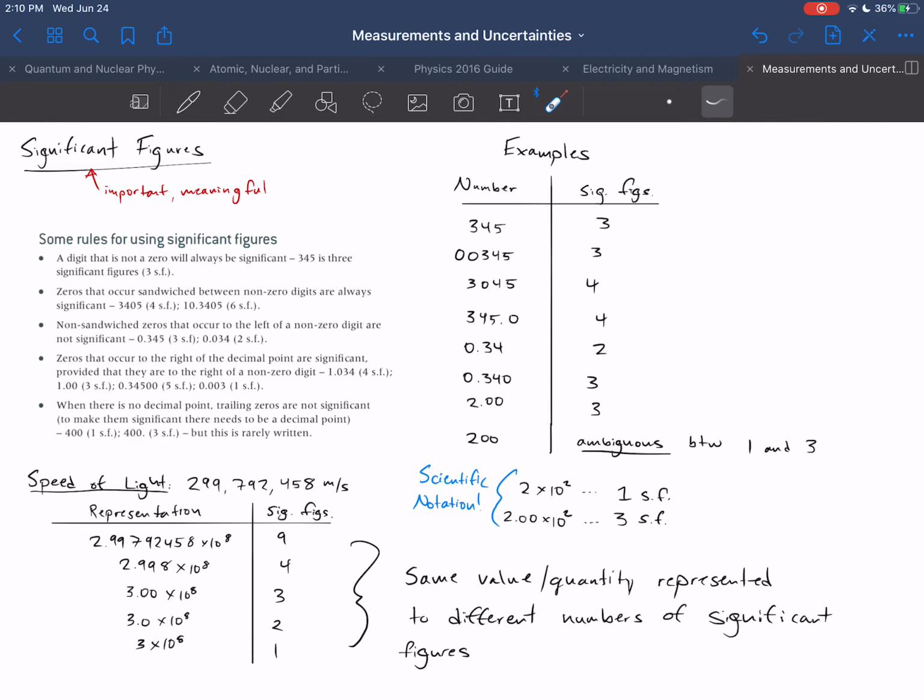Here's where it matters. Let's say you rounded this number from the number you were given on your calculator when you did a calculation. Let's say it was 344.9178, etc. And you rounded it to this many digits. Well, then we're not sure what the next value is.